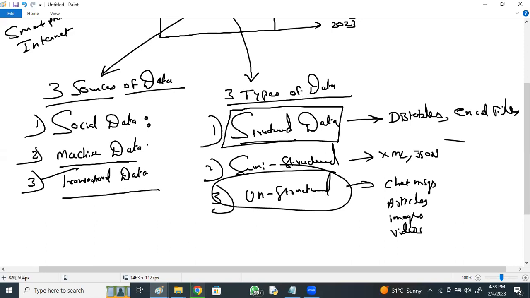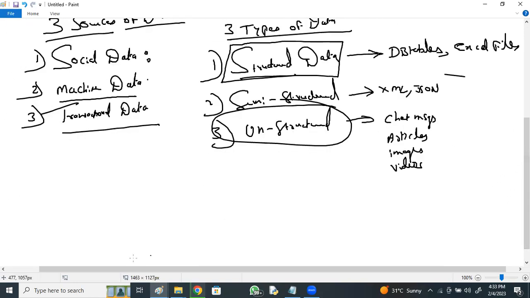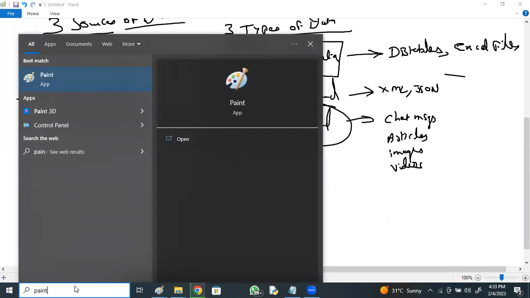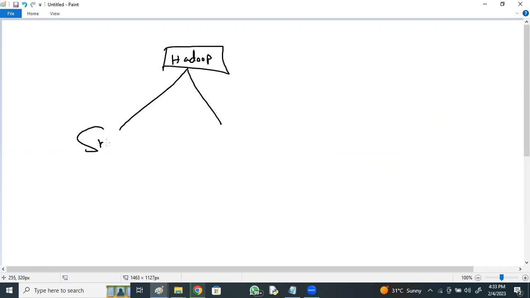As a solution to all these storage level and processing level problems, we have a framework called Hadoop. Hadoop provides two services: storage and processing.